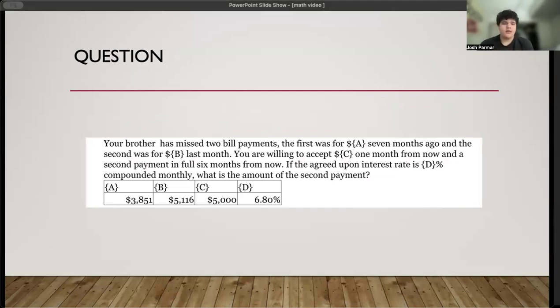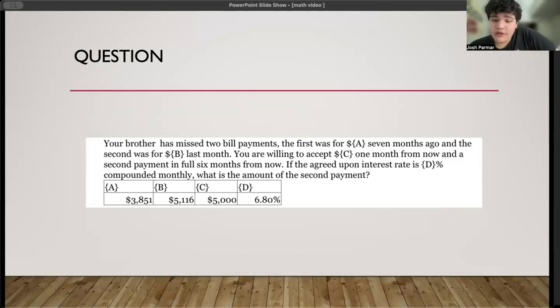All right, so we're going to get right into our question here. I'll read that for you. Your brother has missed two bill payments. The first was for A amount of money 7 months ago, A being $3,851 that he didn't pay 7 months ago, and the second payment B from last month being $5,116.